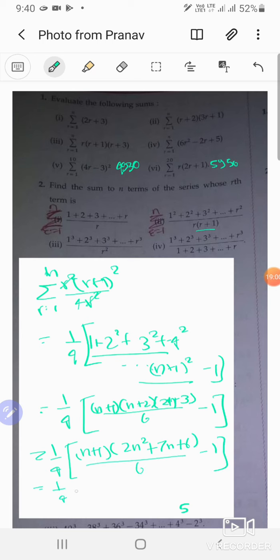So you get 1/4 of 2n cubed, then 7n squared plus 2n squared is 9n squared, then 6n plus 7n is 13n, and then plus 6 over there.